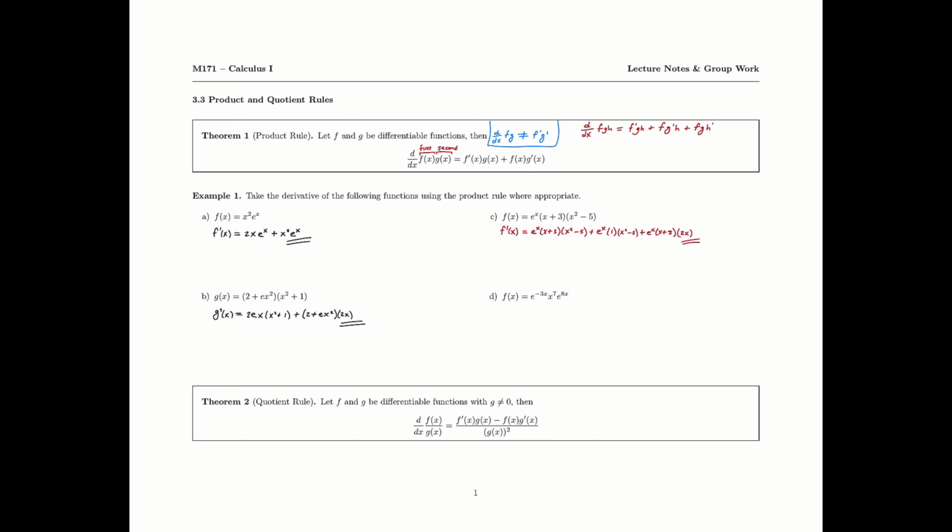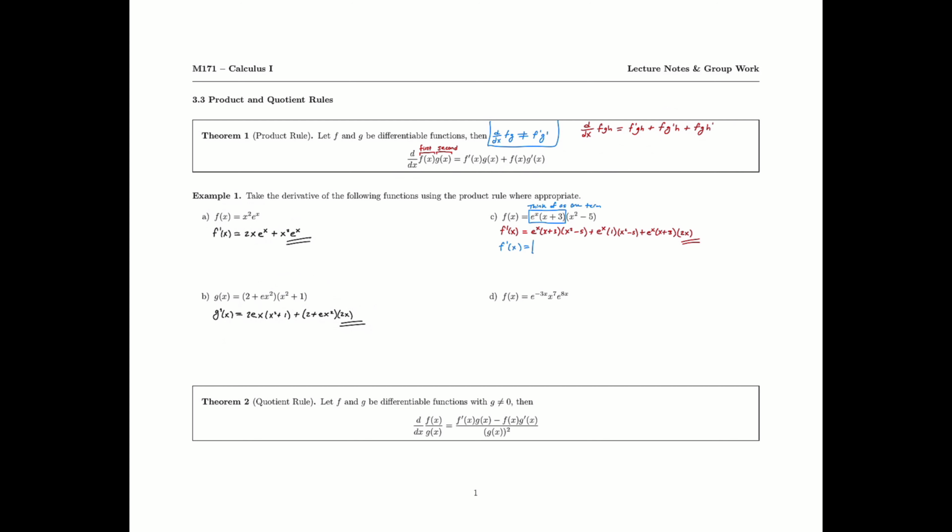Another way we could do this one, however, is to perhaps think of these two as one term. If we think of it as one term, then this derivative would look like the following.